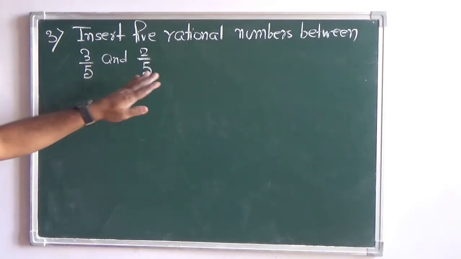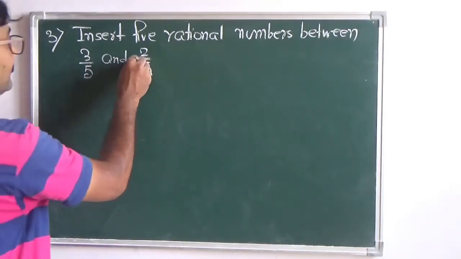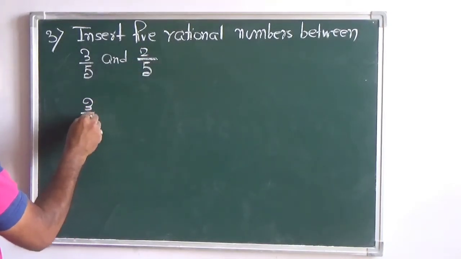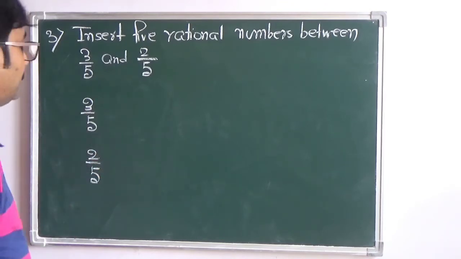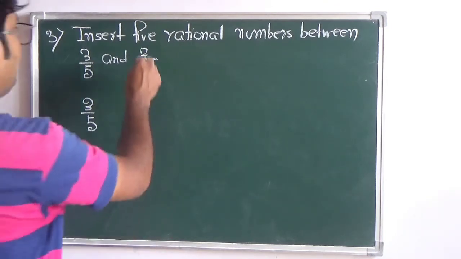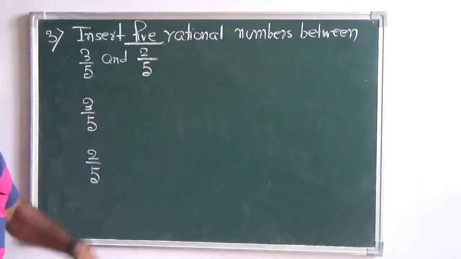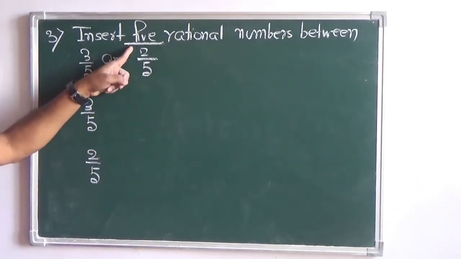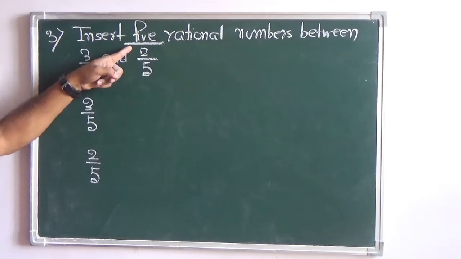Denominators are already the same. Now what you have to do is, we have 3 by 5 and we have 2 by 5. Since the denominators are same, listen to this carefully. You have to find 5 rational numbers. Then add 1 to this number, 5 becomes how much? 6. If you add 1 to 5, you get 6.